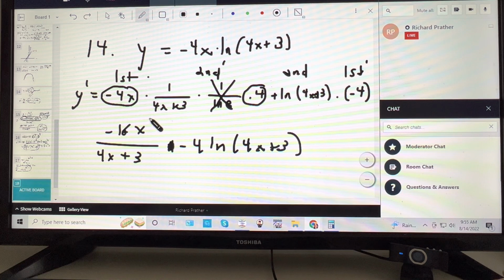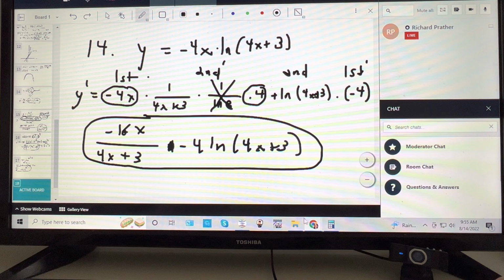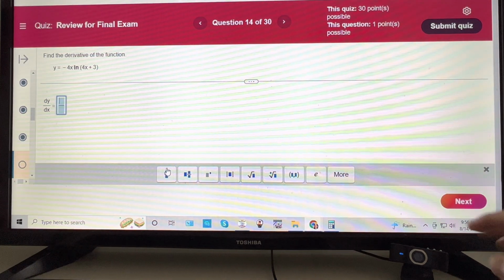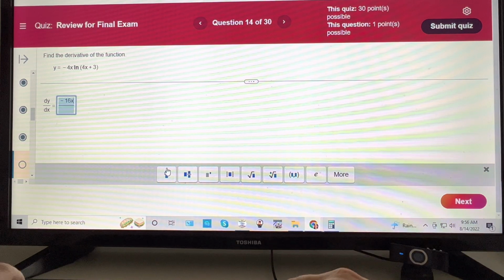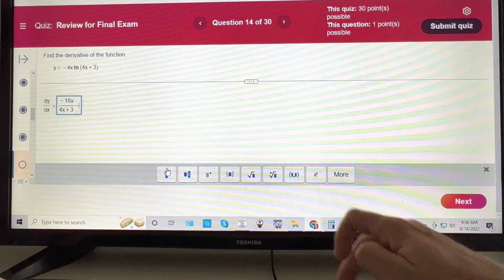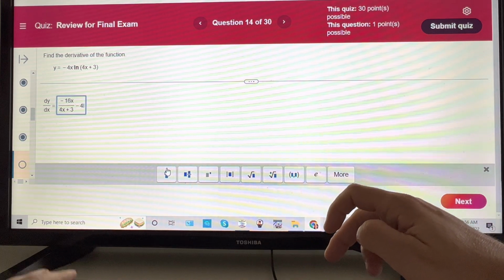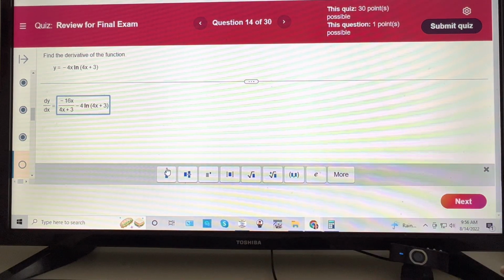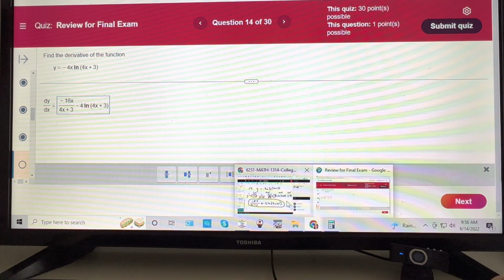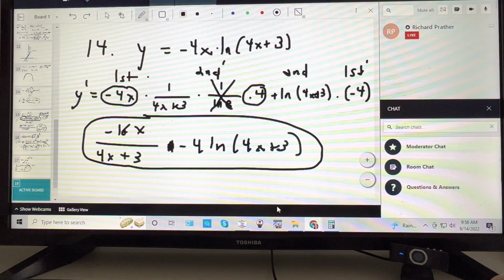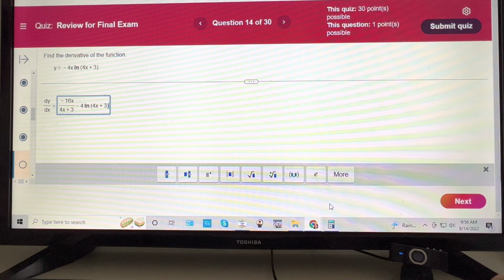And I'm assuming we don't need to get a common denominator here, so let's put it in that way. Negative 16x over 4x plus 3 minus 4 ln of 4x plus 3.